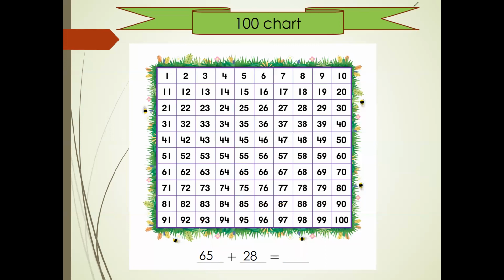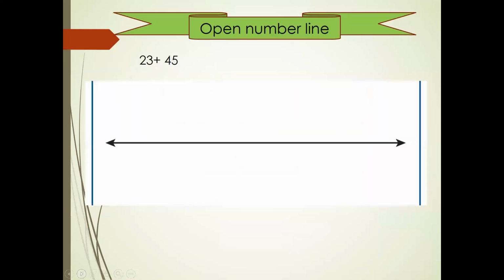Our next strategy is called number line. We will be solving the same equations. Now what is the strategy? Again, we need to know what we are adding, how many tens, how many ones. This is very important. I start with 23. I jump 4 tens, big jumps.